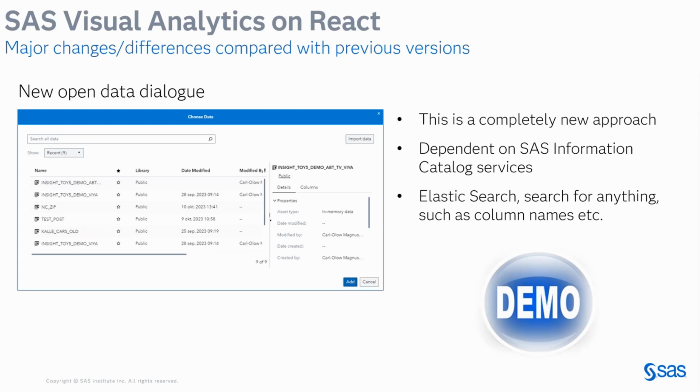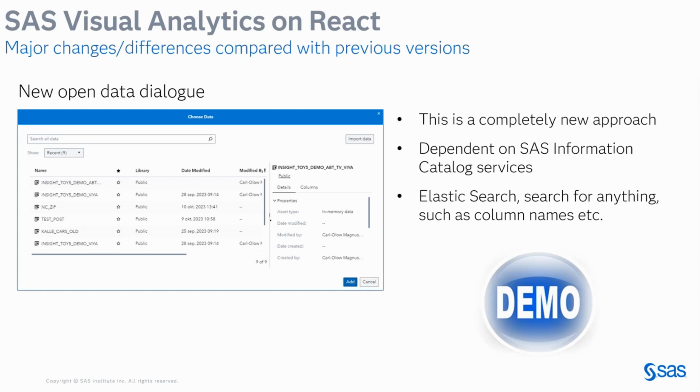However, we have new possibilities. Again, it's a completely new approach. The new thing is that we are using SAS Information Catalog services behind the scenes. And that means that we also have Elasticsearch available for us.